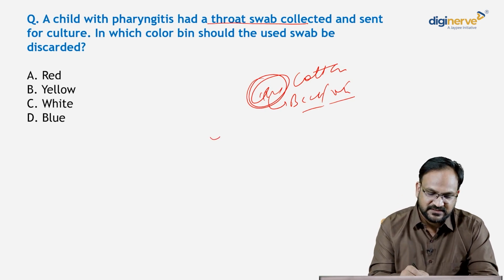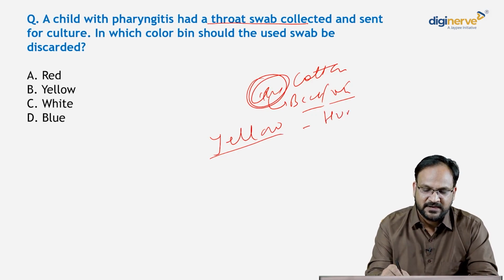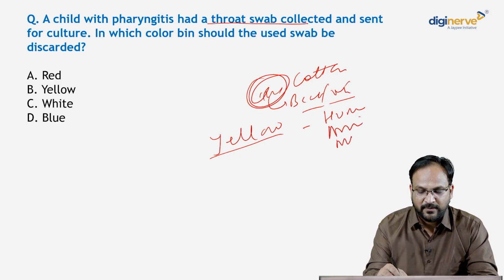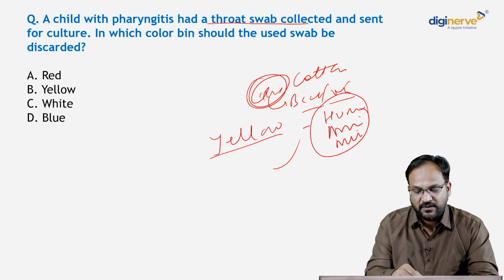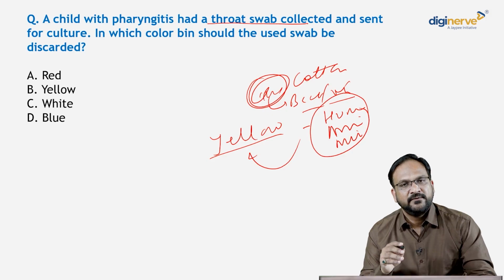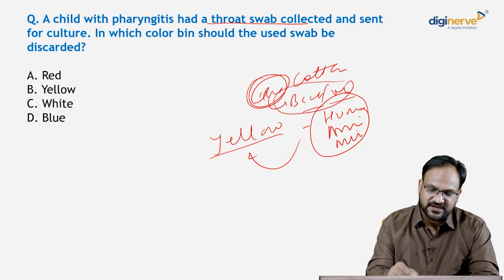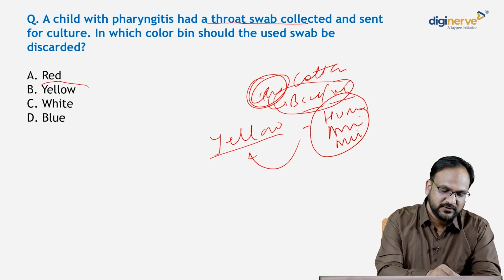When we study biomedical waste management, for the yellow bin we say that human anatomical waste, animal anatomical waste and microbiological waste are to be discarded in the yellow. Here cotton is a combustible material. We can do the incineration for the cotton, and the microbiological waste is also here. So we can go for the yellow.